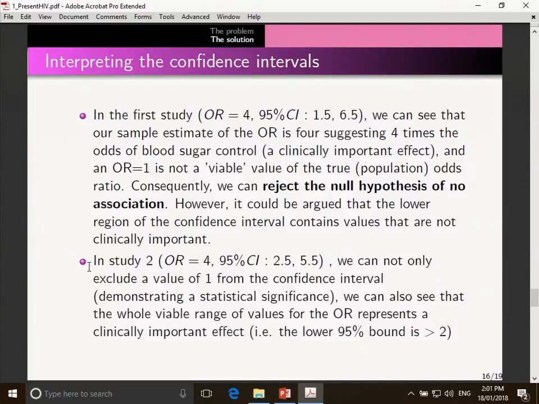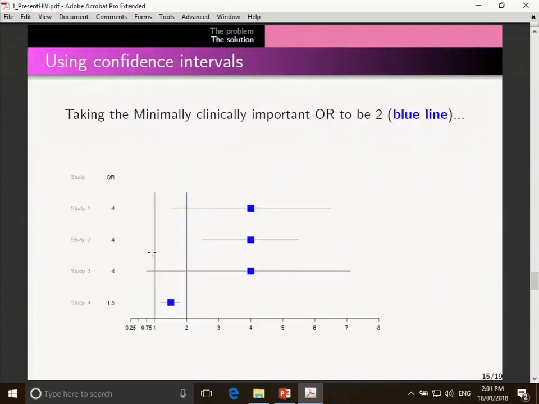However, one problem is that at the lower range of the confidence interval, it's conceivable that our effect size is not clinically important. Frankly, I think this is probably still quite strong evidence that the oral hypoglycemic agent works, but still somebody could argue that the real value of the odds ratio may not be clinically important.